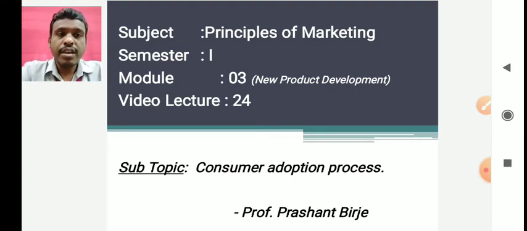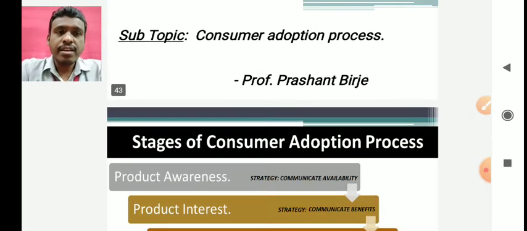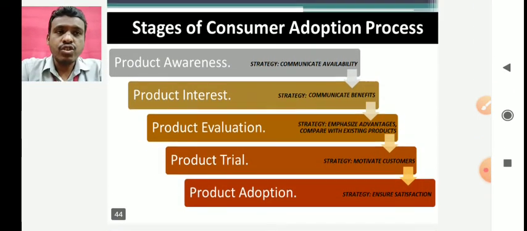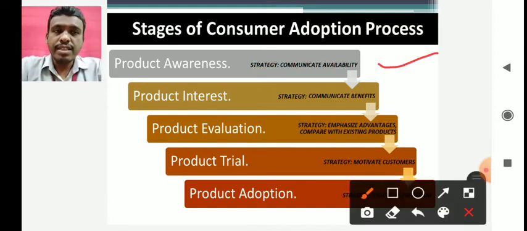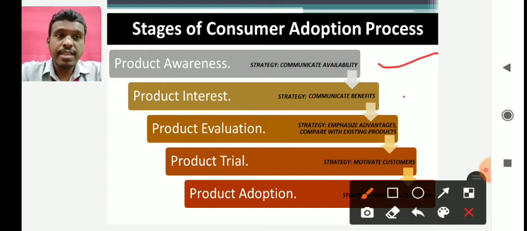Generally there are 5 stages through which a consumer goes through while going through this adoption process. These are product awareness, that is getting aware that the product exists. Then product interest, creating interest in the minds of the consumers.